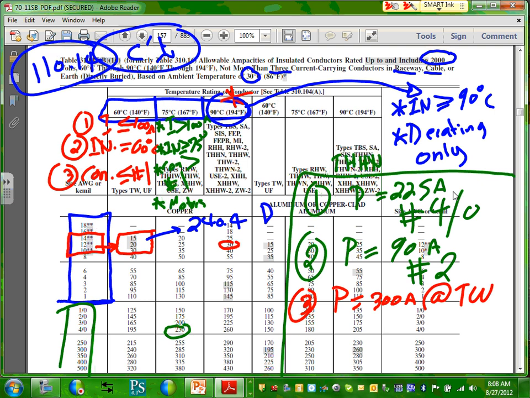Why? TW is rated for where? You see where it says TW? It's rated for 60. So my insulation is 60. That's rule number 2: insulation equals 60, not higher than 60. So I need a 300 amp panel with this insulation, and that will give me right there, 300.